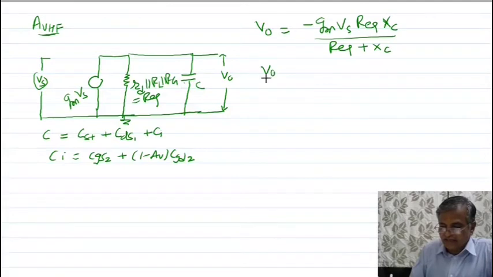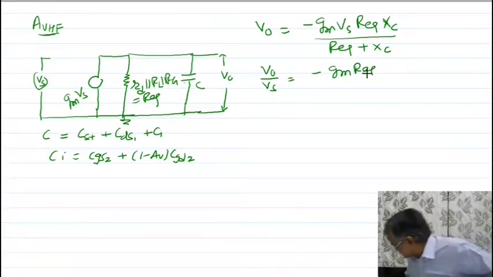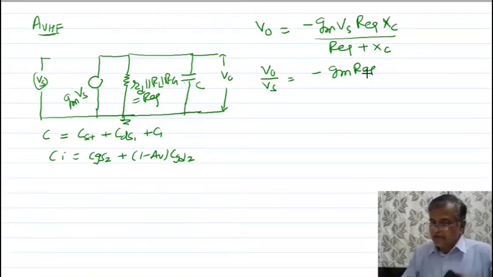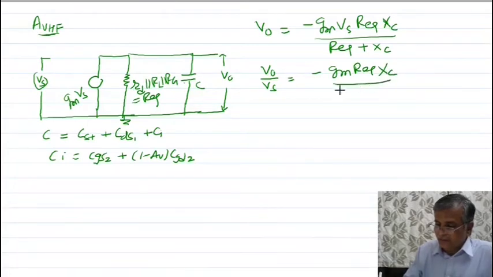So I can write VO by Vs is equal to minus GM R equivalent into XC upon R equivalent plus XC.